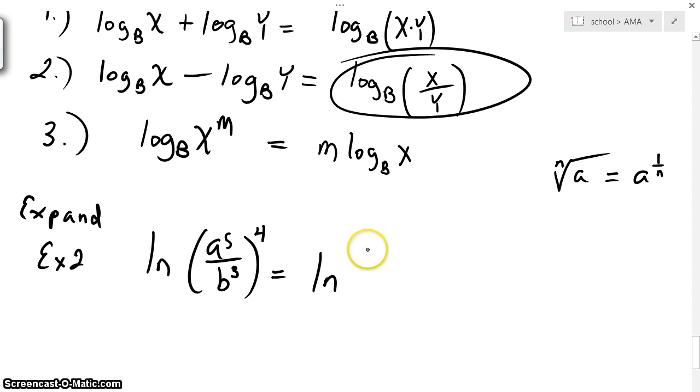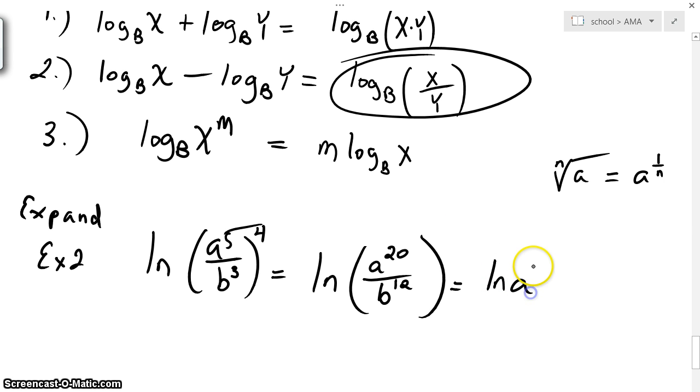But remember, powers to powers are more powerful. We can multiply them together. So we could certainly multiply the 4 to the 5 and the 3 there and get a to the 20th all over b to the 12th. Then, using that second property, we could say, I do have this quotient.